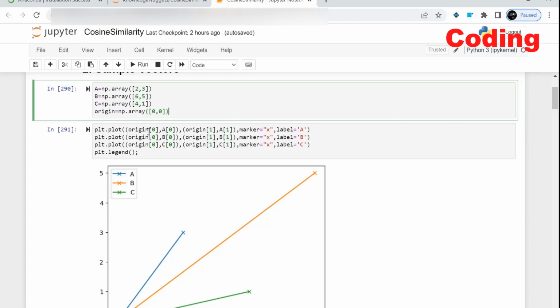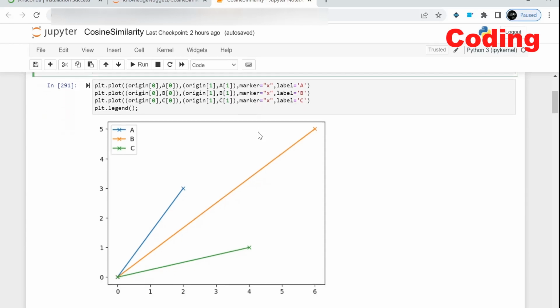We'll be using the plot function and label them with A, B, and C. A vector is marked in blue color, B in orange, and C is in green.